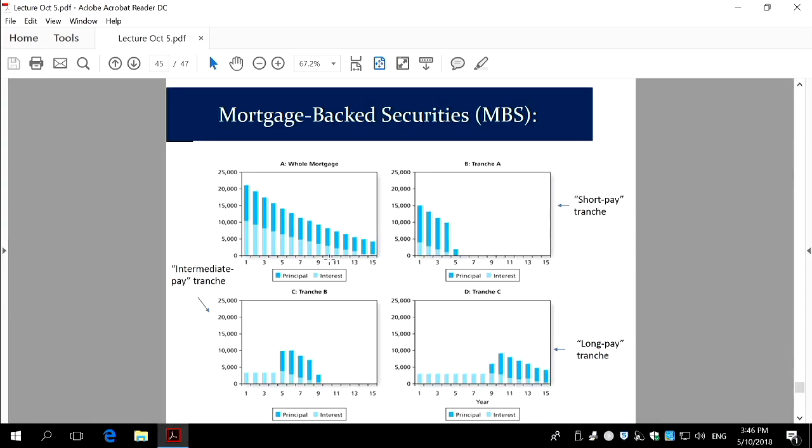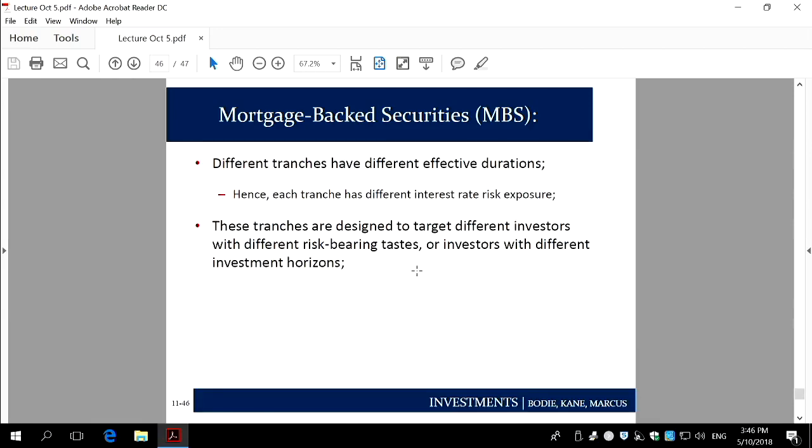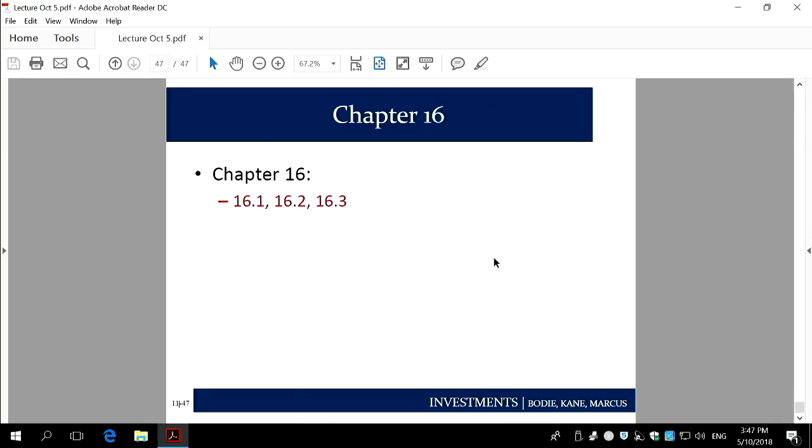So this is just a little bit of financial engineering to satisfy different investors. Because the investor wants to make their duration equal to their investment horizon, then they can eliminate the interest rate risk, right, to achieve immunization. So this is a simple way to achieve that.